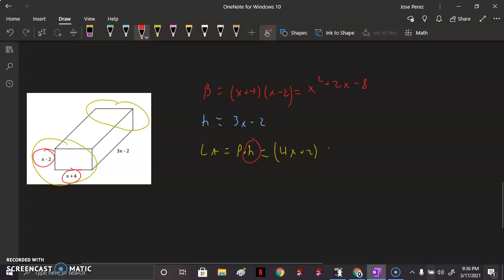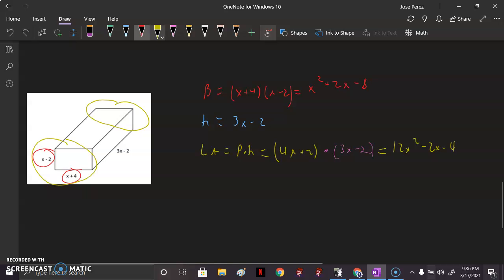And this is our height, times 3x minus 2. And if we multiply these together, for our final solution, we would get 12x squared minus 2x minus 4.